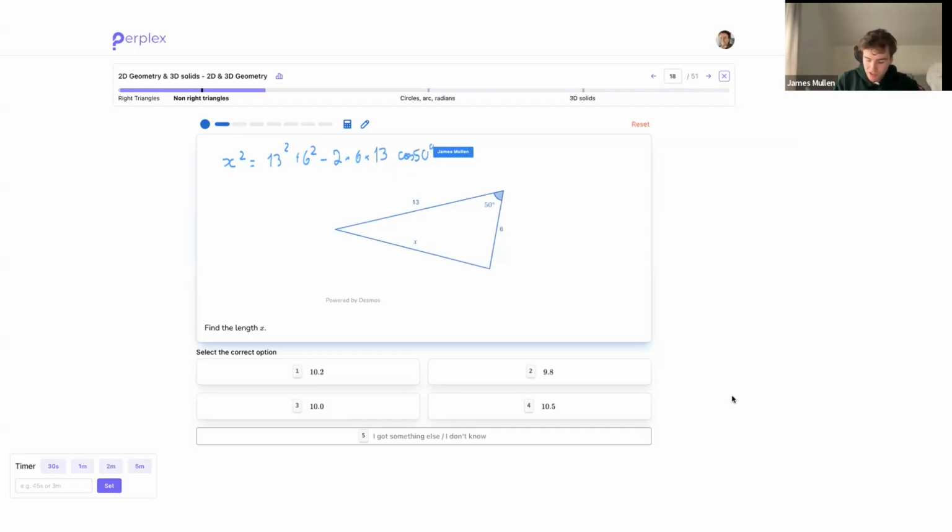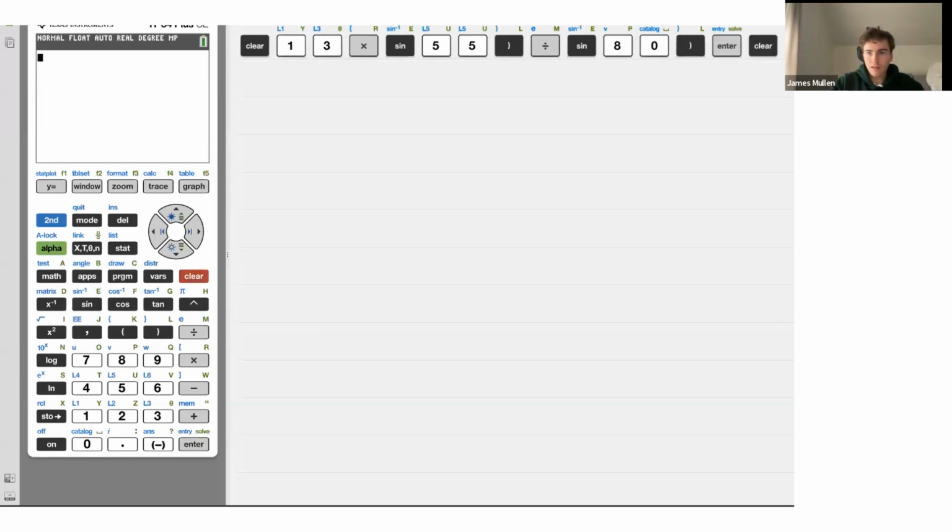And all I'm going to do now is plug straight into my calculator. I'm going to say x is the square root. I'm not even going to bother doing any of the math because I could make a mistake. 13 squared plus 6 squared minus 2 times 6 times 13 cosine of 50 degrees. So let's put that straight into the calculator. I'll show you how.